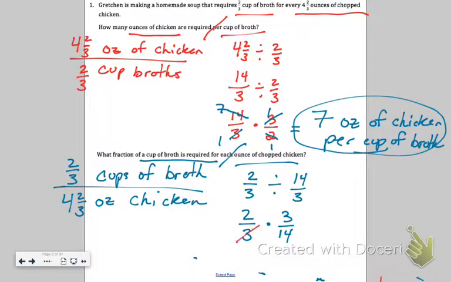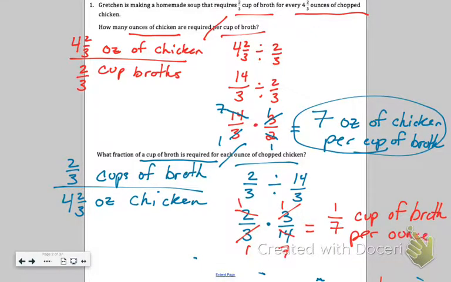I can cross out these 3's, make them each a 1. And I can cross out the 2 over 14 and make this a 1 over 7. I'm just looking at a little bit of cross simplification there. When I multiply straight across, I get 1/7. And in this case, this is 1/7 a cup of broth per, or for each, ounce of chopped chicken.